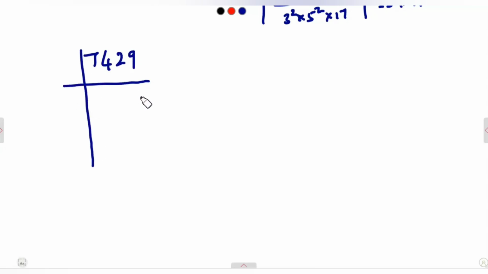Our next number is 7429. Let's divide this. Let's go directly to 17 table, because 2 table, 3 table, 5 table, 7 table, none of the tables work until 17. So let's take 17 table. 17 times 437.